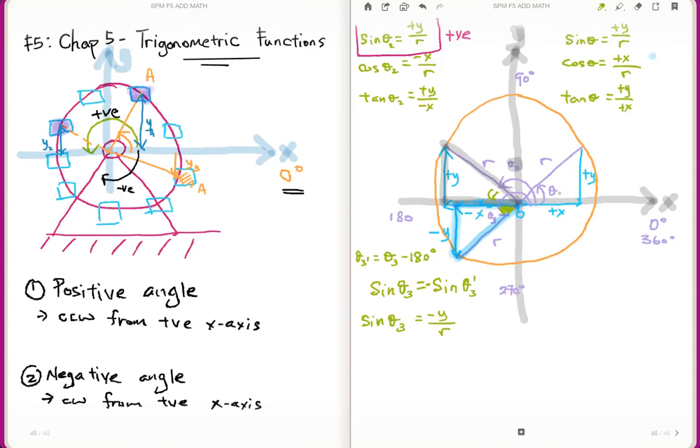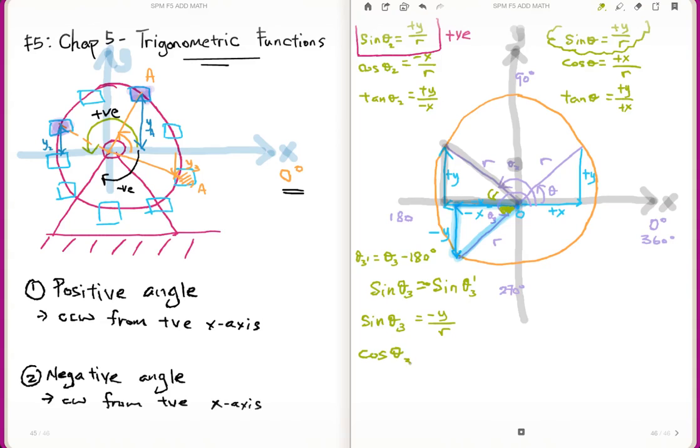So you come back to the first quadrant, but you need to add a negative sign so that you get y over r. Only the negative sign is different, so sine will be negative.